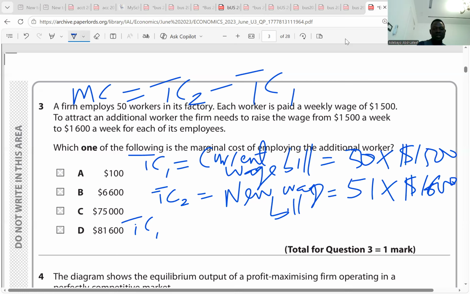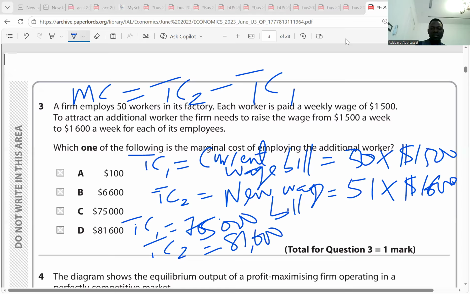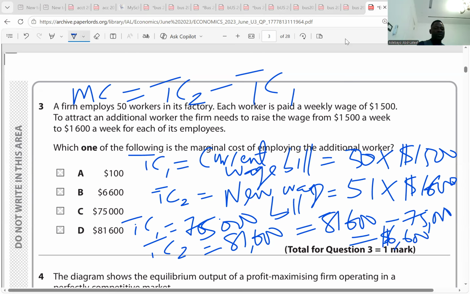So TC1 is 75,000 and TC2 is 51 multiplied by 1,600, that's 81,600. So MC is TC2 minus TC1. So 81,600 minus 75,000 is the MC. So the MC is $6,600. So for question 3, it is B. Go to question 4.